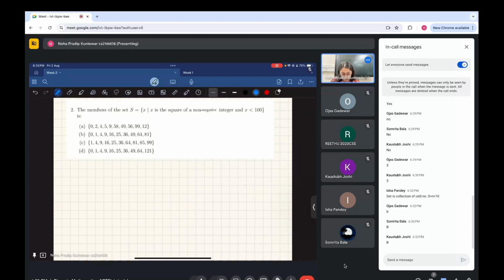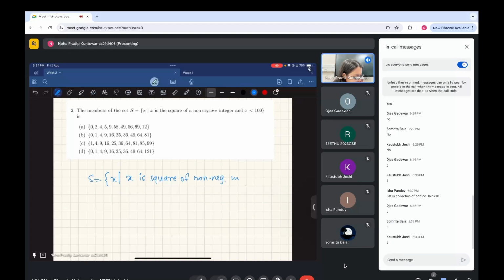Okay, so yeah, I see a couple of answers. So let's try to solve this now. So S is, let me just write the set, S is the set of all numbers x which are squares of non-negative integers, as well as they are less than 100.